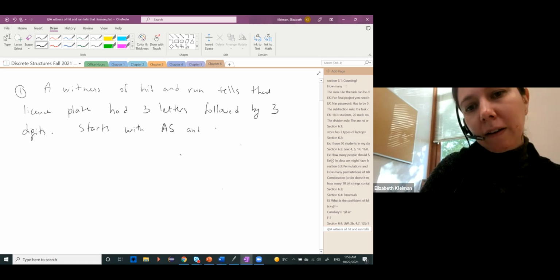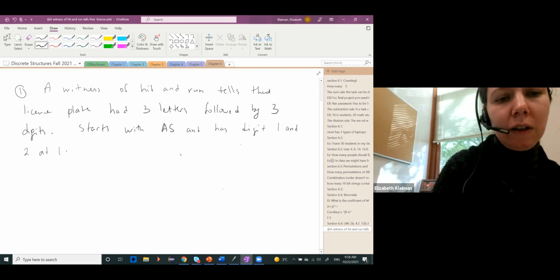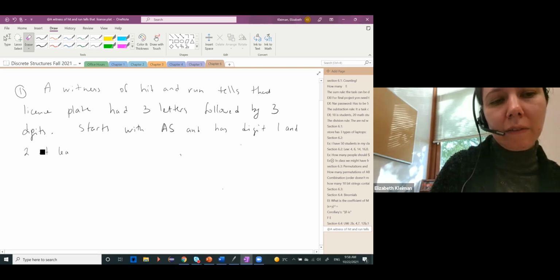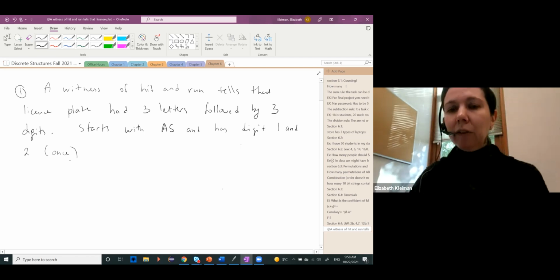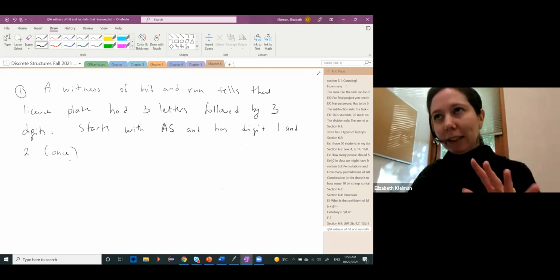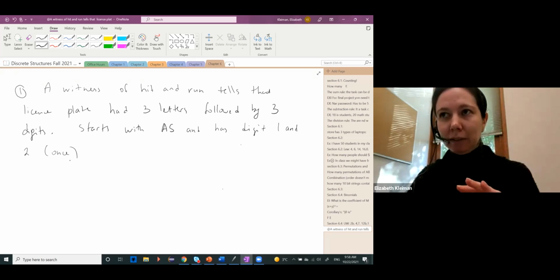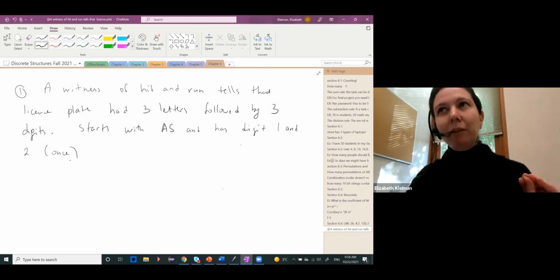And it has digits 1 and 2, only once. So he remembers there was a 1 and a 2, but he doesn't remember where they stand. He remembers it starts with AS, but he doesn't remember anything else.